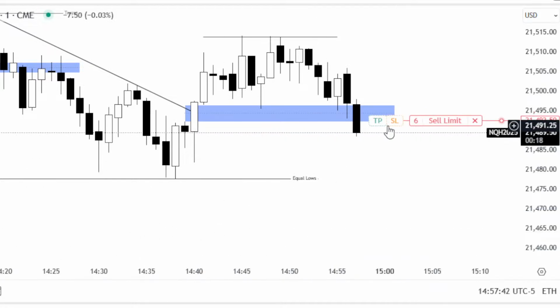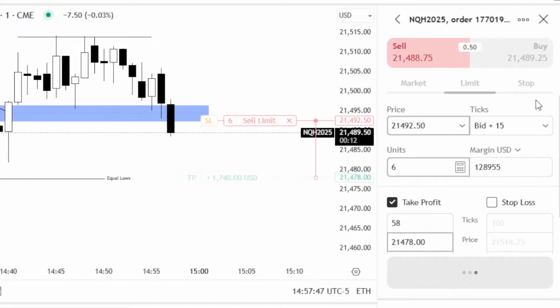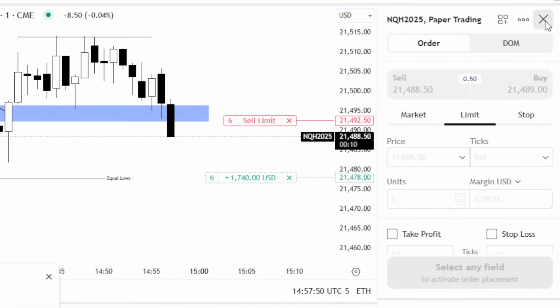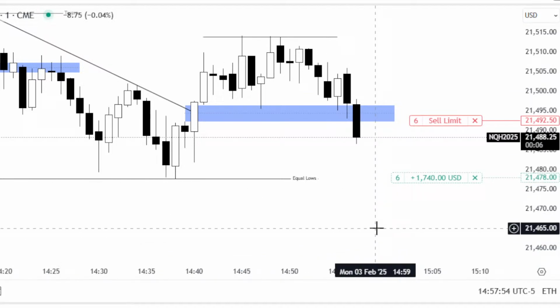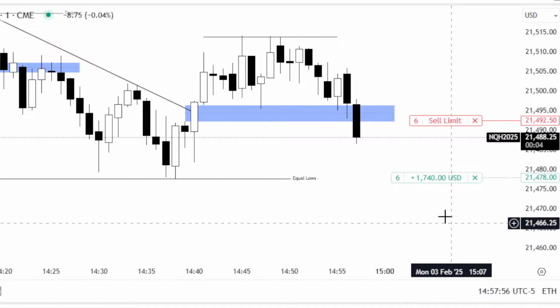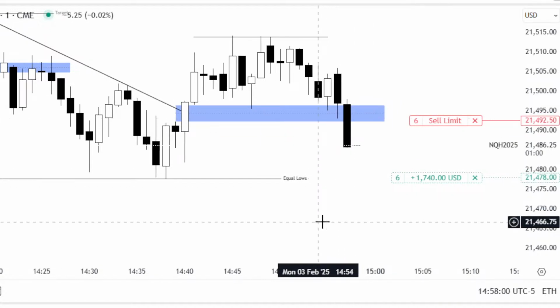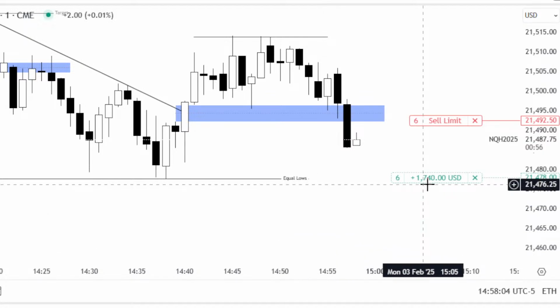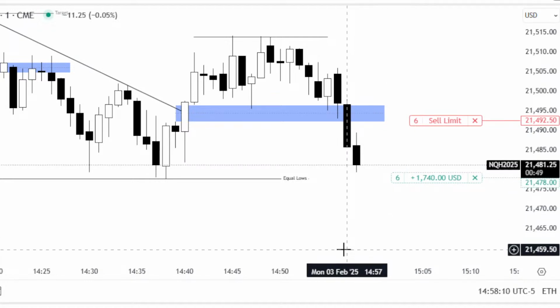Right, let's see. We can get picked up on that test. See if we can see immediate rebalance on this black candle. Unfortunately not.